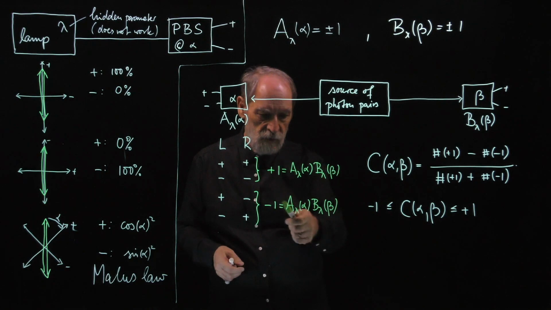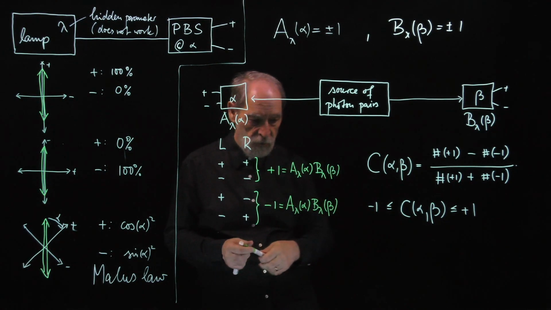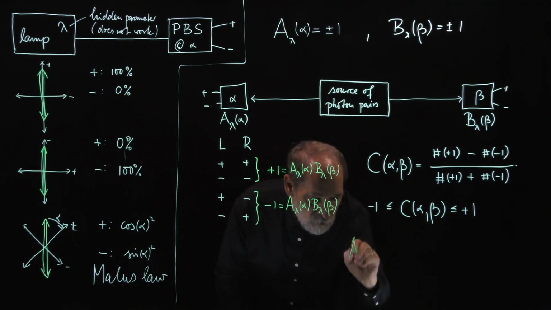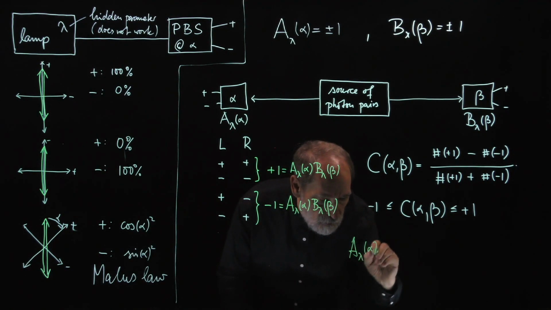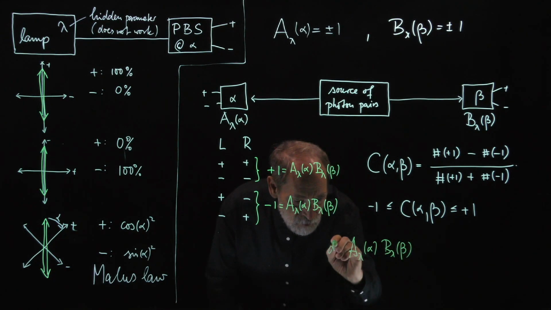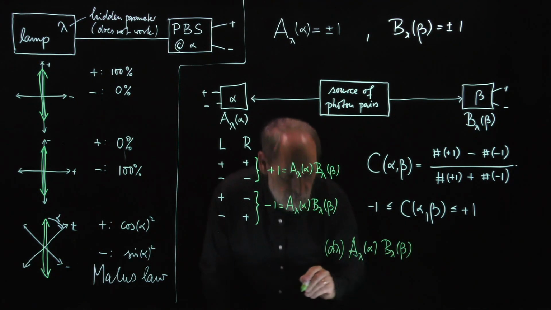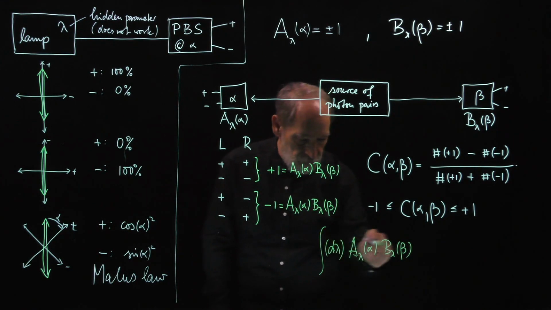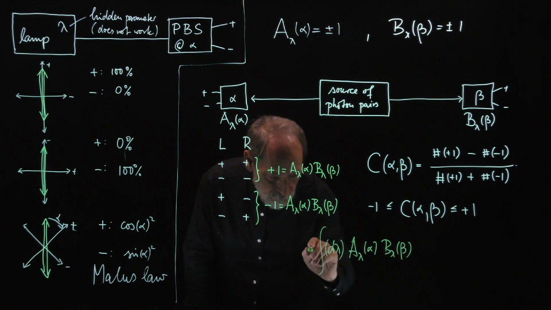Sometimes this product is +1, sometimes the product is -1, and we have to average over all the lambdas. So we have the product A(lambda, alpha) times B(lambda, beta). There is a distribution of lambda values, and there's an averaging over all of this, which is an integration over the lambda values.